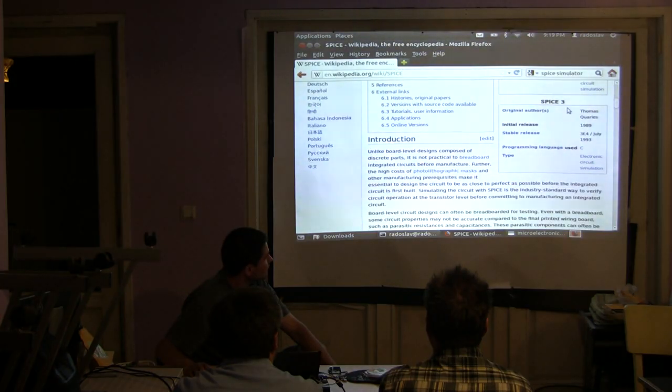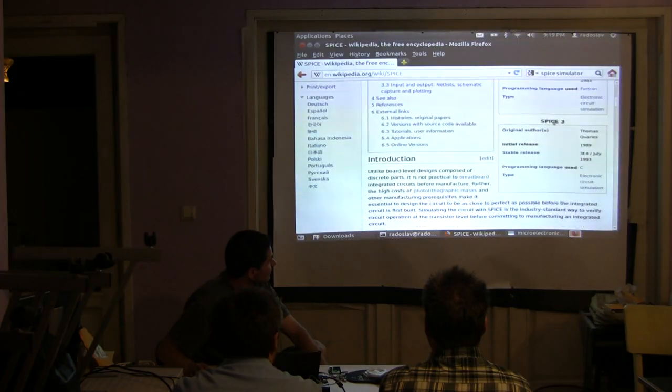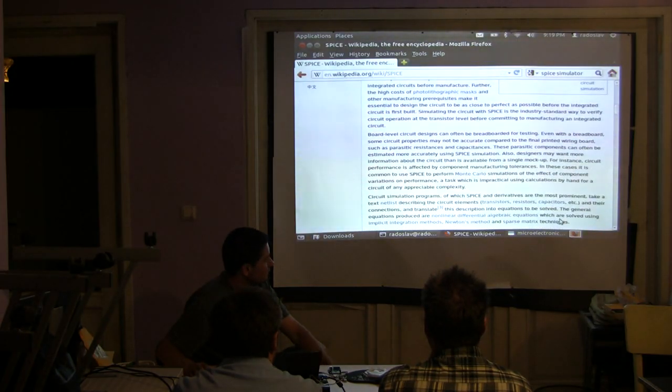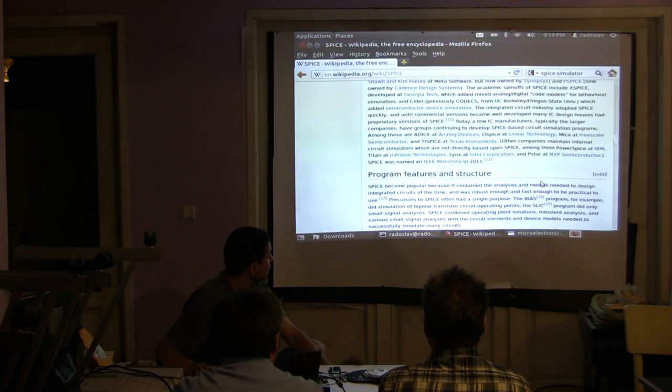But LTspice uses some kind of SPICE in it, and it has also harmonic balance and some other useful features.